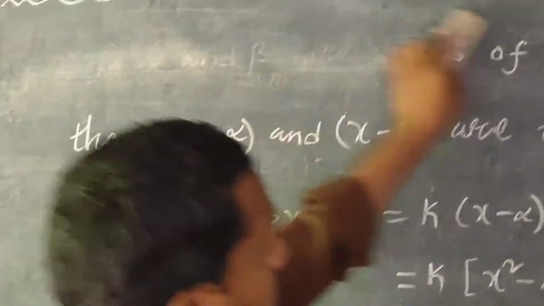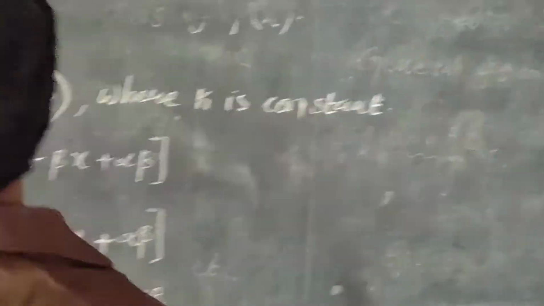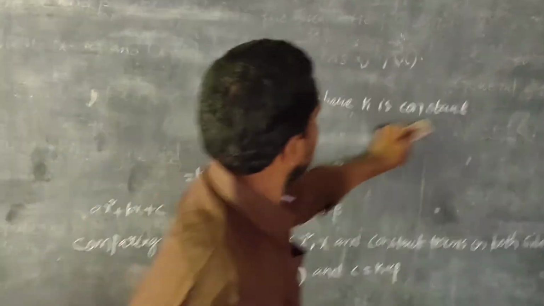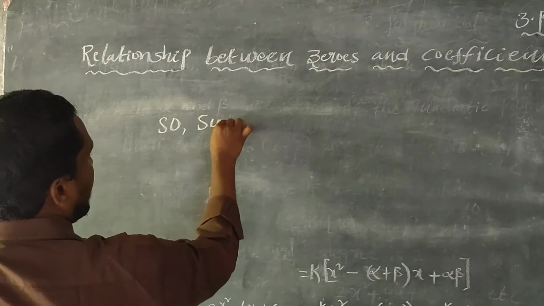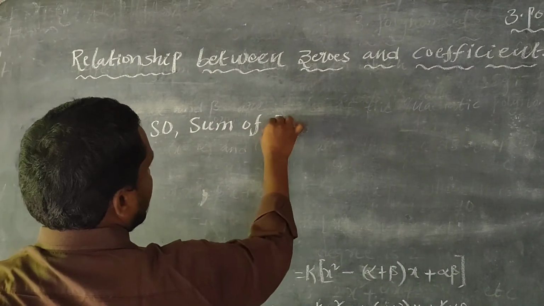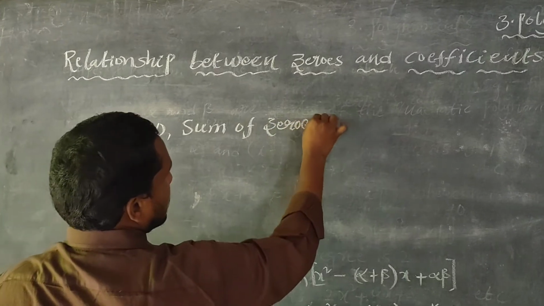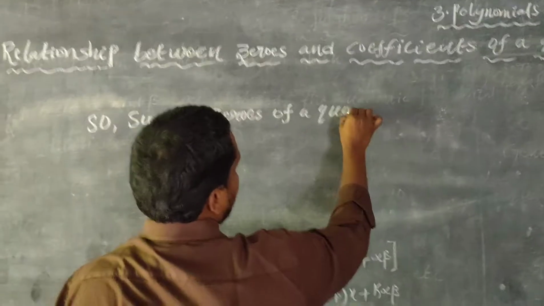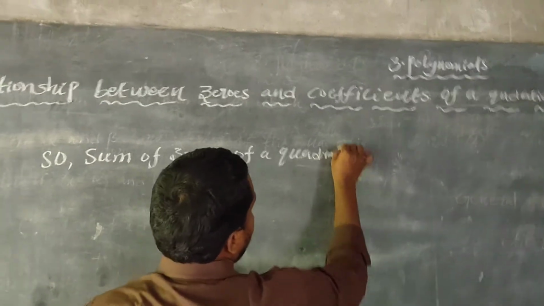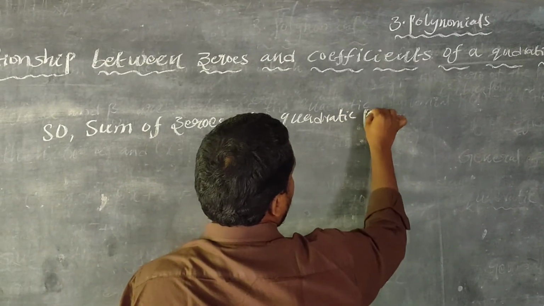Therefore, the sum of zeros of a quadratic polynomial: what is the formula?